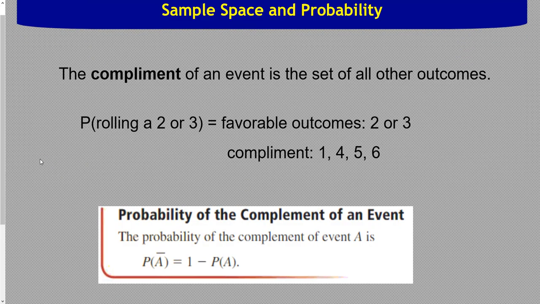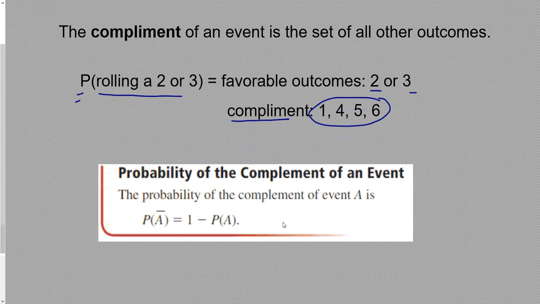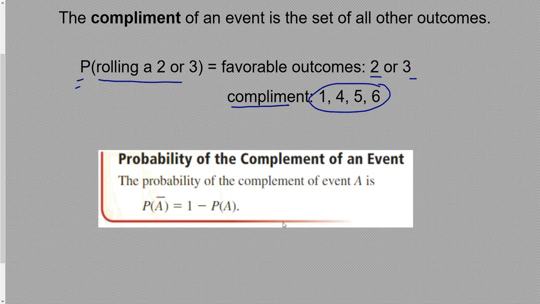The complement of an event, just a little bit more vocab here, is the set of all other outcomes. So for example, let's say we're trying to find the probability of rolling a 2 or a 3. That means your favorable outcomes are 2 or 3. The complement of that would be everything else. What are all the outcomes that are not favorable? The probability of the complement of some event is just 1 minus that, right?